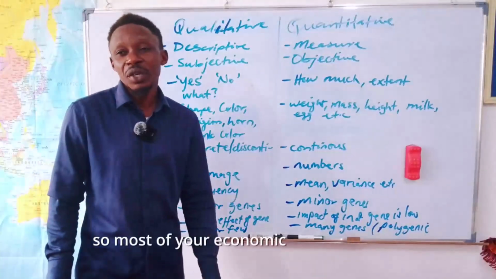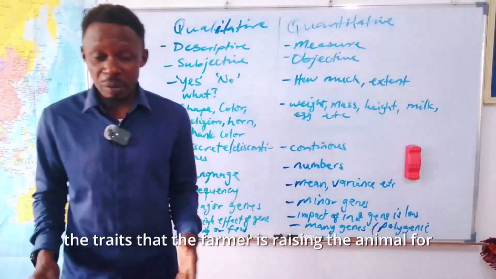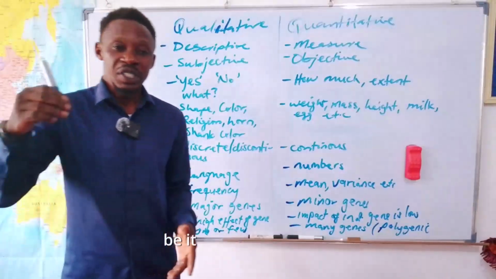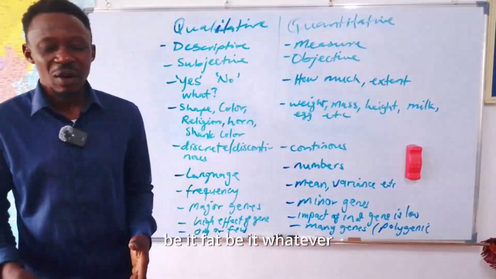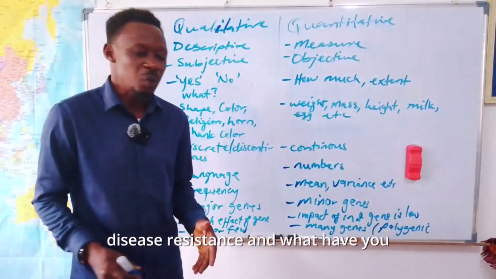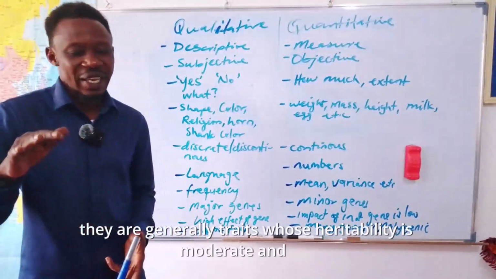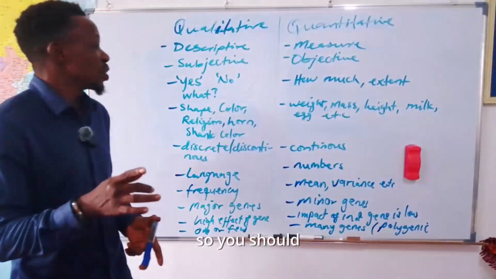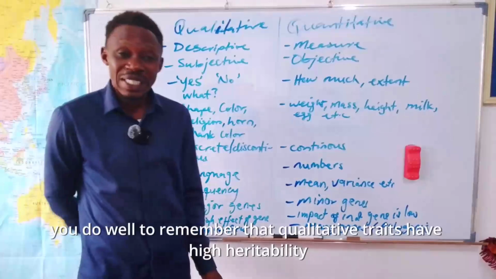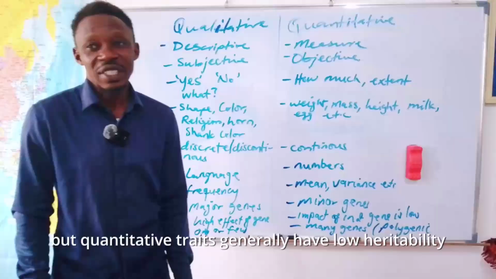So most of your economic traits in animals, the traits that the farmer is raising the animal for, whether it be meat, egg, fat, whatever, all those traits, disease resistance and what have you, they are generally traits whose heritability is moderate and low. So you do well to remember that qualitative traits have high heritability, but quantitative traits generally have low heritability.